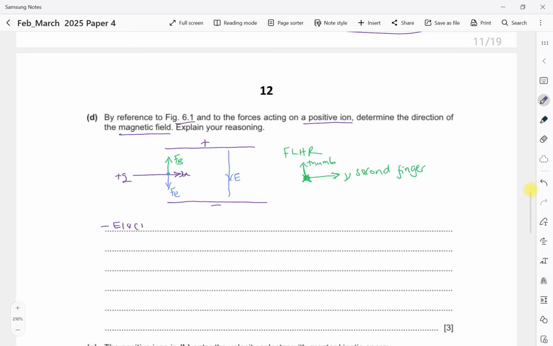Electric force is downwards, so the magnetic force must be upwards, since there is no resultant force.